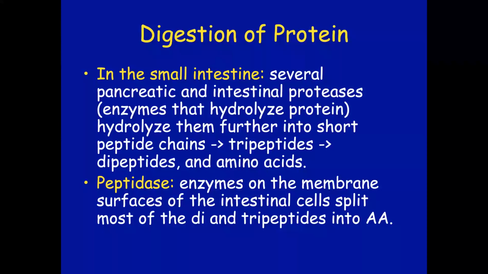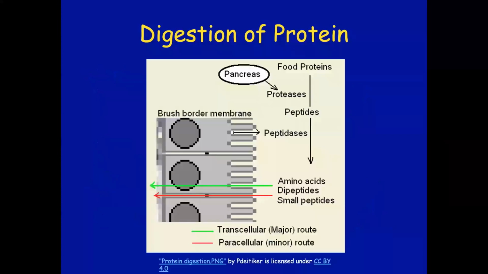A peptidase is an enzyme that is going to split the di and tripeptides into amino acids. Proteases actually break down larger proteins. And that shows you what's going on there. Proteases versus peptidases.